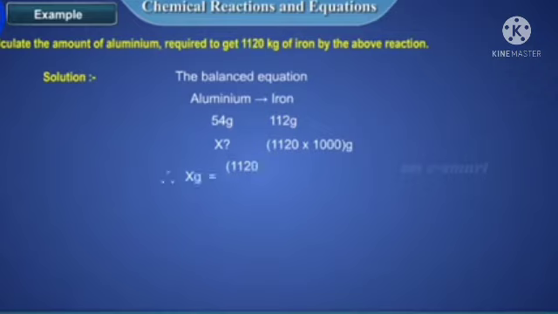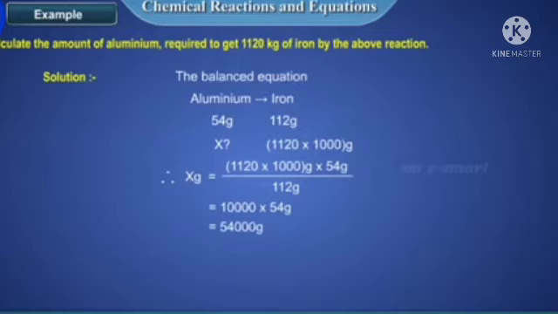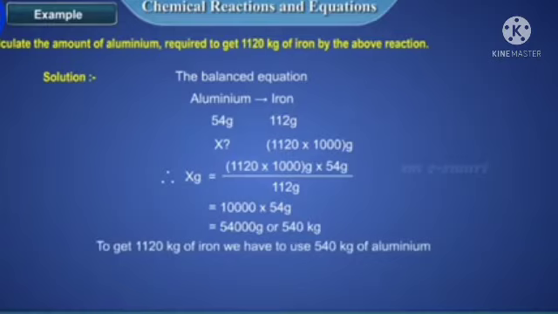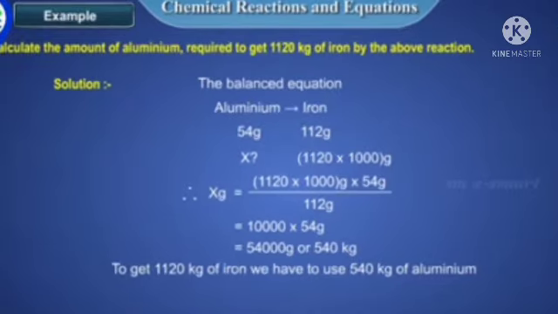Here aluminium weight equals x. X equals 1120 into 1000 grams, converted kgs into grams, into 54 grams divided by 112 grams, that equals 10,000 into 54 grams. 112 gram into 1120 cancel, that is 10 into 1000, that equals 10,000 into 54 grams, that equals 54,000 grams, or 540 kg of aluminium is required.